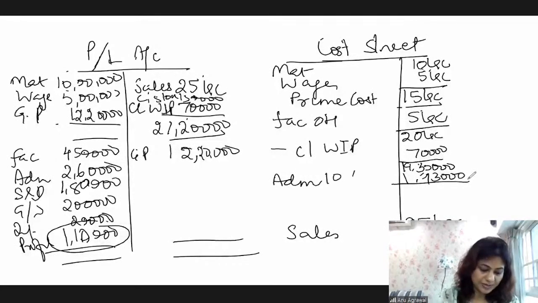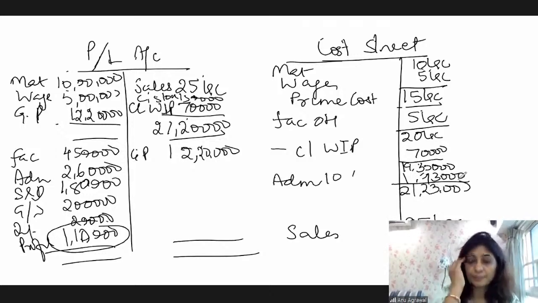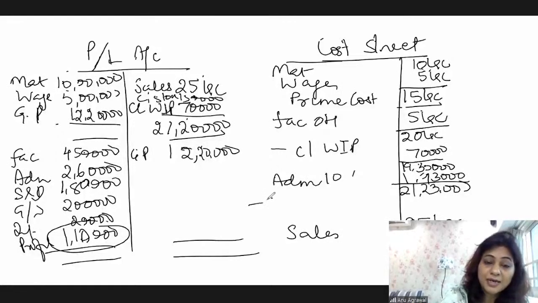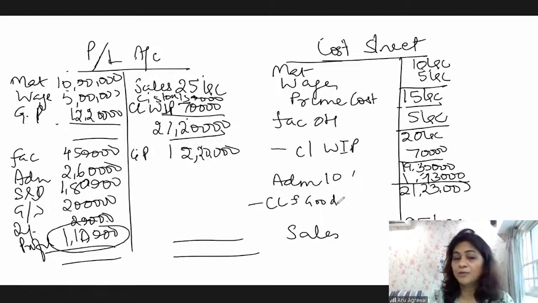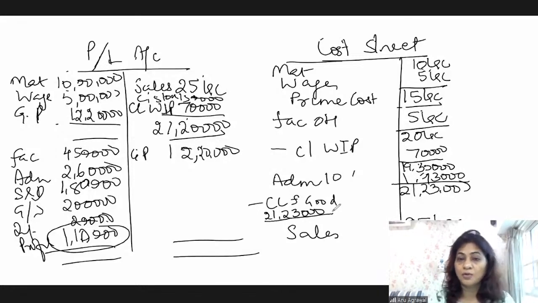Yes. So what is my cost? It is 19 lakh 30,000 plus 1,93,000, 21,23,000. Now here I need to subtract my closing finished goods. How will I find out my closing finished goods? 21,23,000 divided by how many total goods?